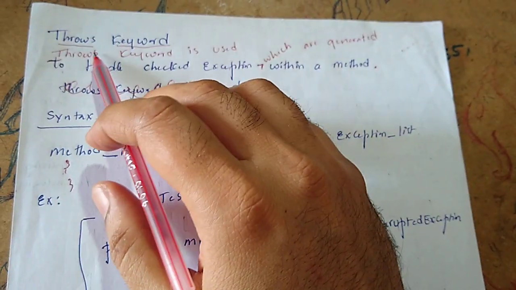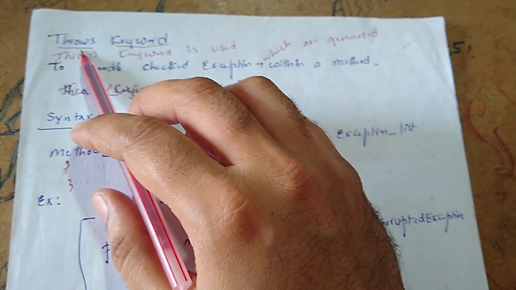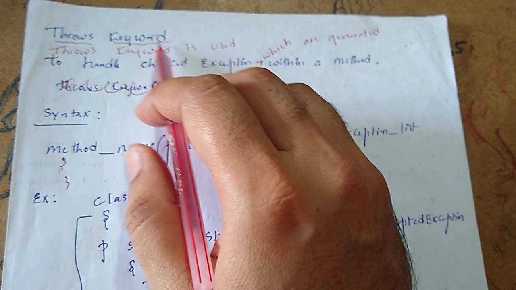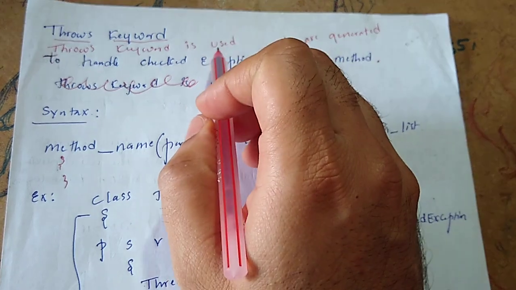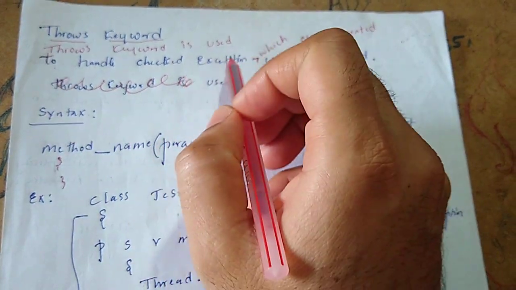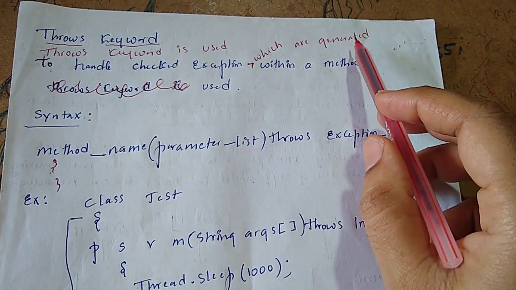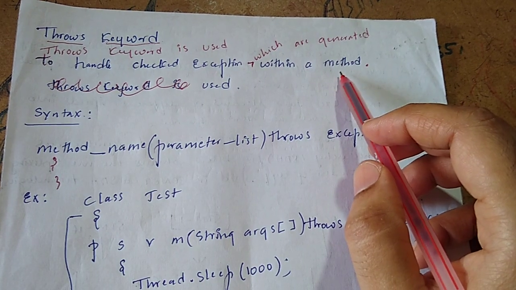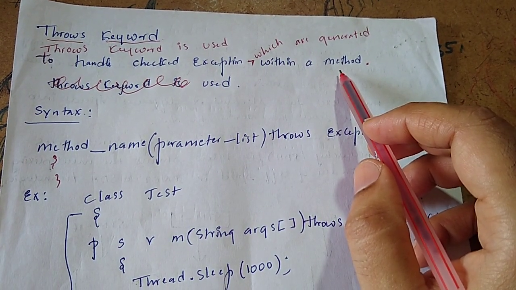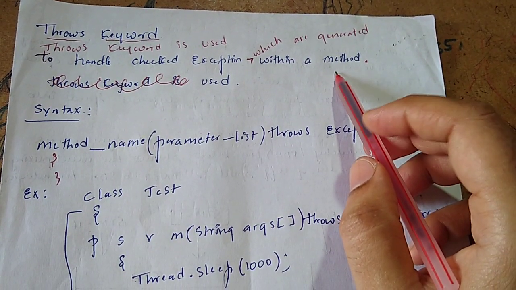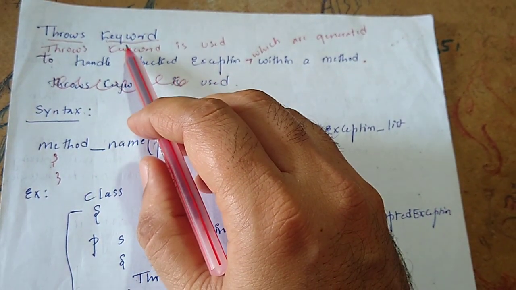Now we will see one more keyword in exception handling, that is throws. The throws keyword is used to handle checked exceptions which are generated within a method. Within a method, if you get any number of checked exceptions, to handle them we use the throws keyword.